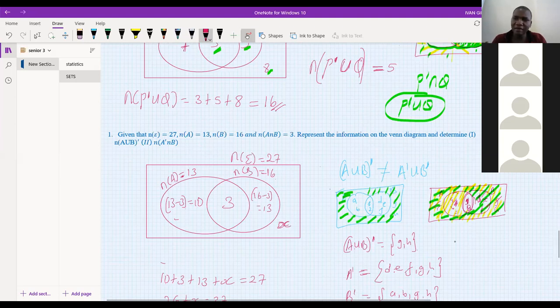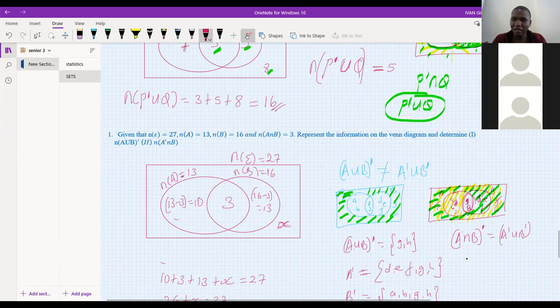If they ask you to state the elements of A intersection B complement, you will state all the elements except the ones in the center here. So the elements will be the same.